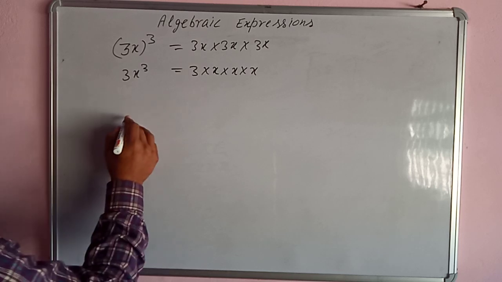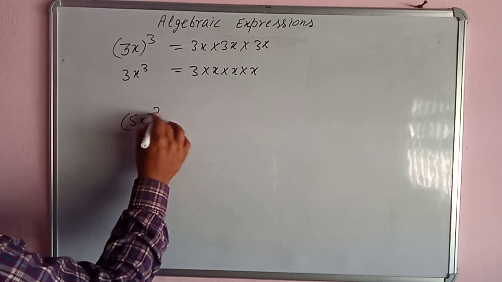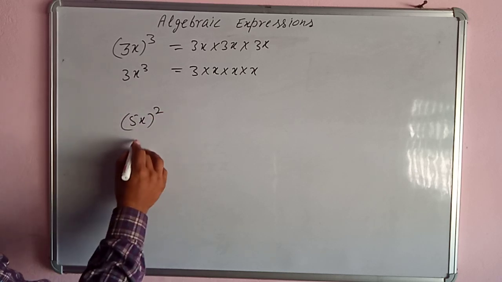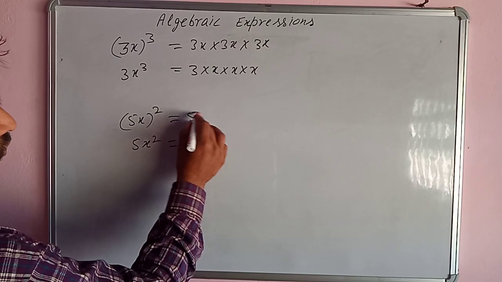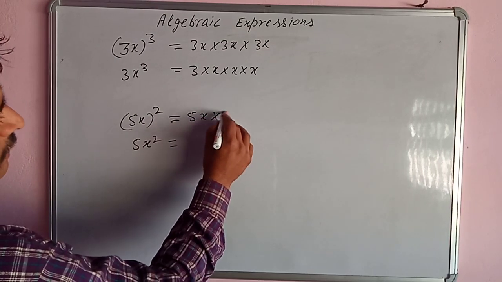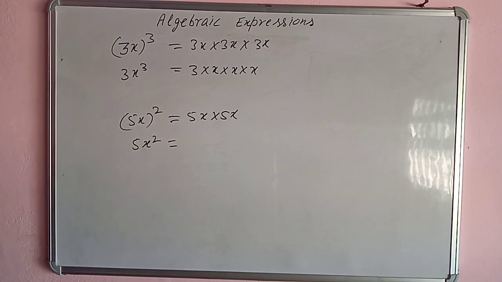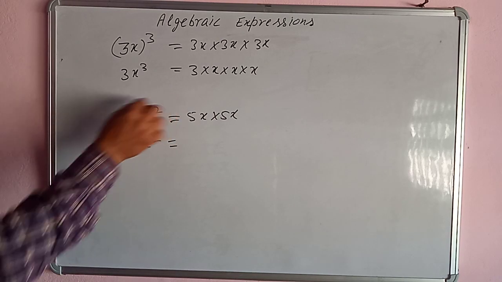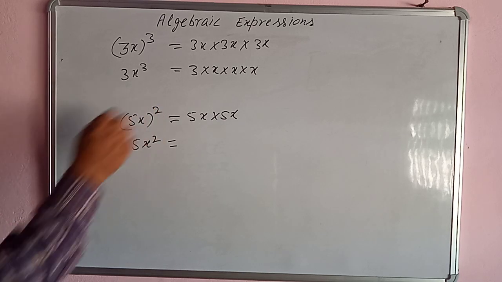If we write (5x) square and now 5x square, what is the meaning? The meaning of (5x) square is 5x multiplied by 5x, because 5x is in brackets and the power is 2. This means 5 has power 2 and x also has power 2.